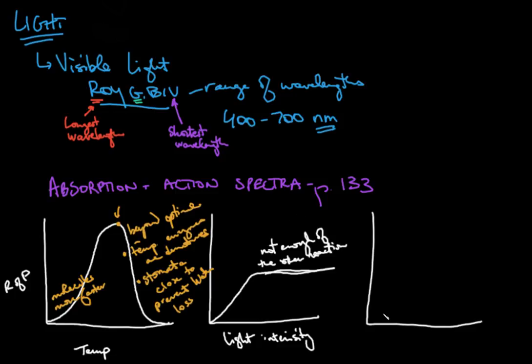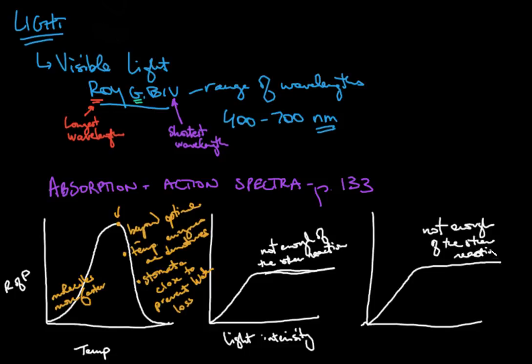I think that makes sense. I hope that makes sense to you. And the other one is carbon dioxide concentration, right? So carbon dioxide concentration, because it's a reactant, if you add more of it, it will increase the rate of photosynthesis up to some level and then plateau for the same reason light intensity plateaued. There's not enough of the other reactants, right?